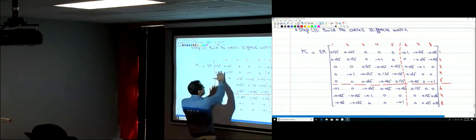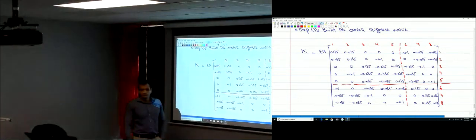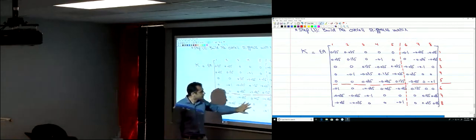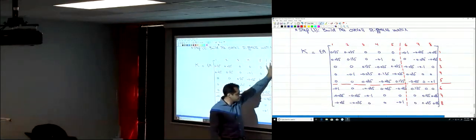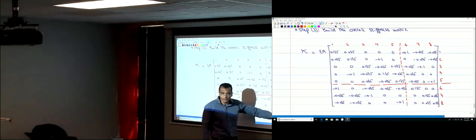That part, 5 by 5. If you're only required to find the displacements, then that 5 by 5 part will be enough. If you need the reactions, you need this part here, which is identical to this part. So the only part that you wasted your time finding is this part. This part was not needed. If you don't have time on the test, please don't waste your time finding that part.